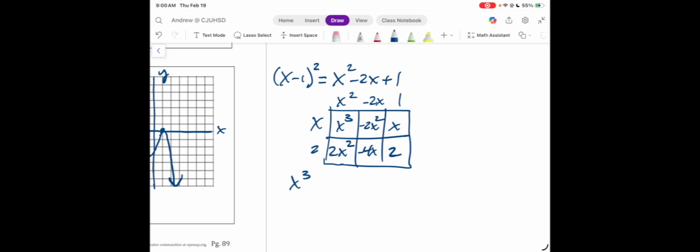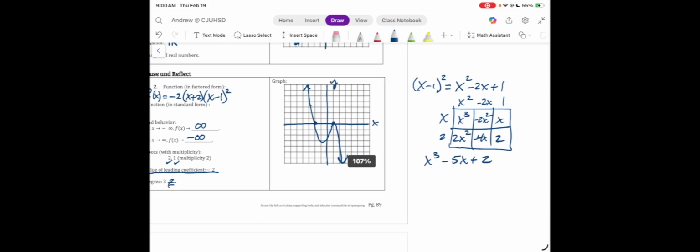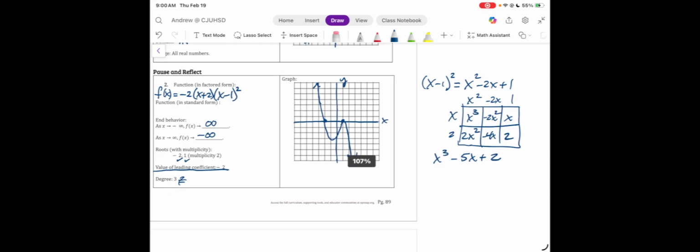This is squared, so that's going to cancel out there. Okay, and that's almost the answer, but it does say that the leading coefficient is -2. So my function is going to be -2 out in front. And then, let's see.